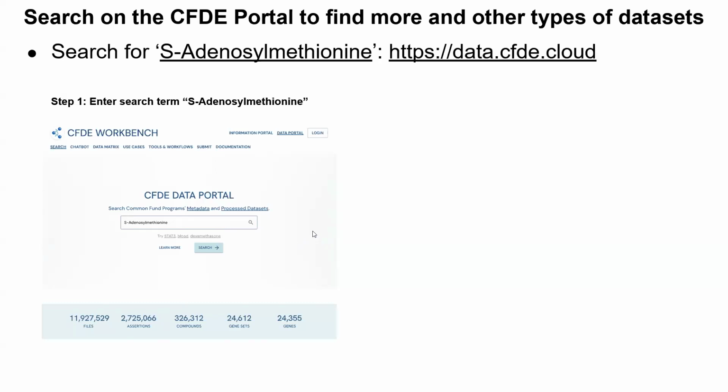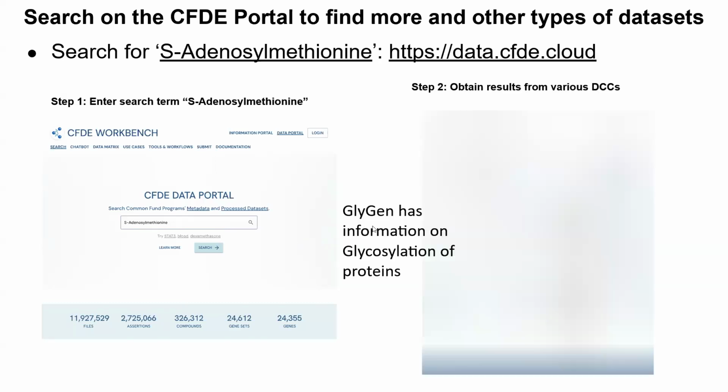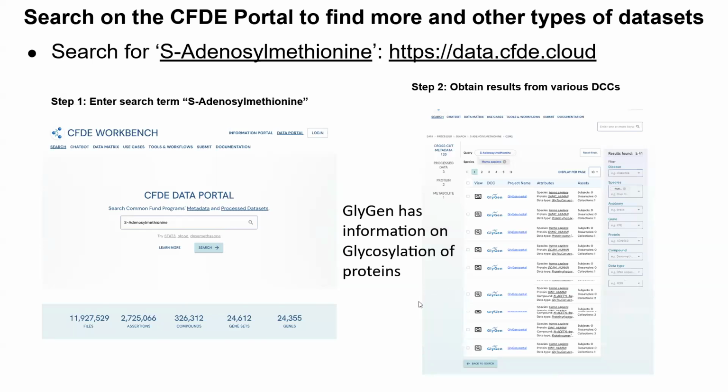And when you search for S-adenosylmethionine, we get several records from the data coordinating center Glygen, which has information on glycosylation of proteins. So that means that the information that is coming up from Glygen is potentially related to the glycosylation of the enzyme corresponding to the reaction in which this metabolite S-adenosylmethionine participates.